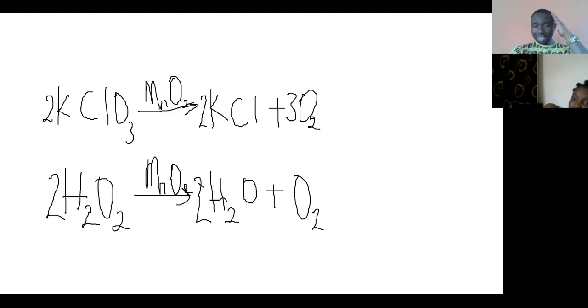Because nitrogen is very volatile, it comes out first, and also because of its boiling point, because the one with the lesser boiling point comes out first.